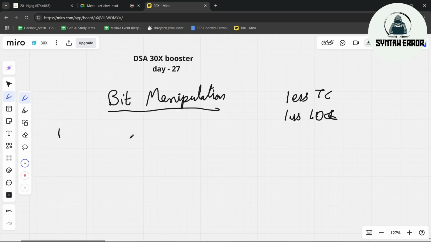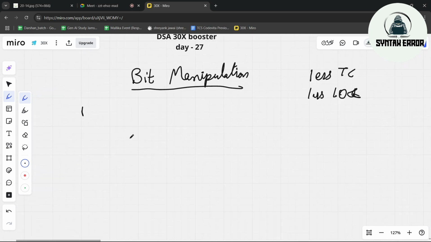For basic knowledge, you should know how to write each and every integer in binary. So guys, can you say what is the binary number for 5? How will we write the binary number for 5? 101. Yes, 101 is the binary number for 5.